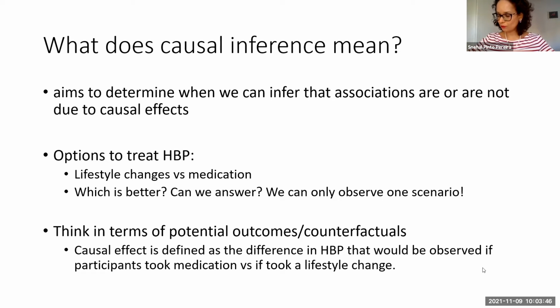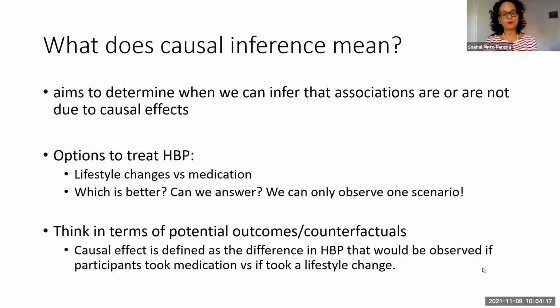In universe A, you're treating that patient with lifestyle changes, and in universe B, you're treating that patient with medication. Everything else about these universes up until that time and going forward is identical, except that in one, the patient has been assigned lifestyle changes, and in the other, the patient's been assigned medication.